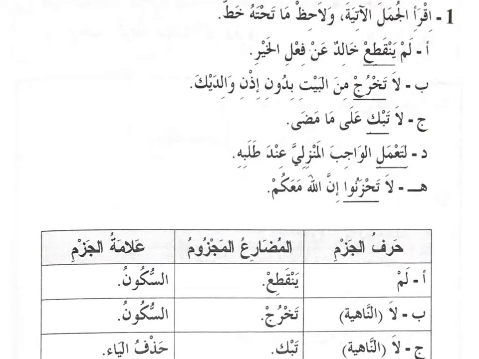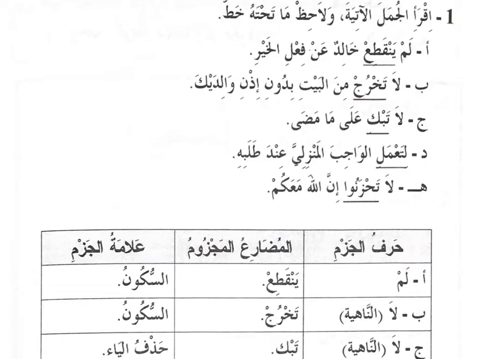But since we have la, to be specific la an-nahiya, before the fi'l mudari', the fi'l mudari' is now in the state of majzoom. Again, when a fi'l mudari' is majzoom, the sign of jazm is as-sukun. Therefore, we read la takhruj, do not go out.